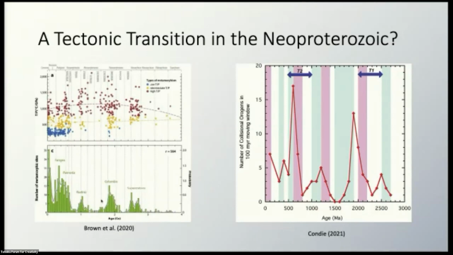We only see high pressure, low temperature metamorphism after the Neoproterozoic. We see more metamorphic belts after the Proterozoic. So, a number of people are arguing for transitions in the Neoproterozoic and the Paleoproterozoic.